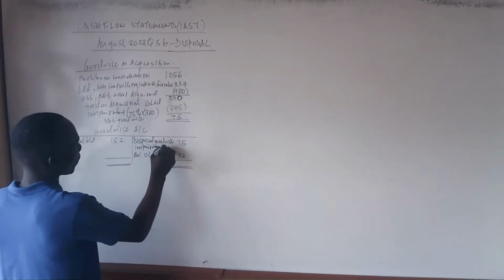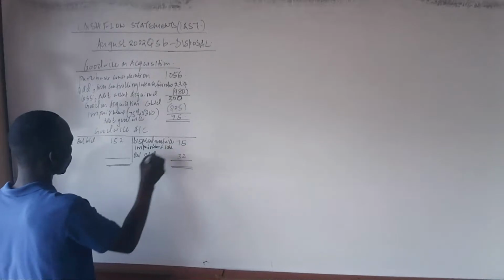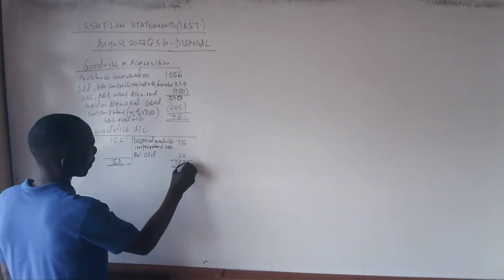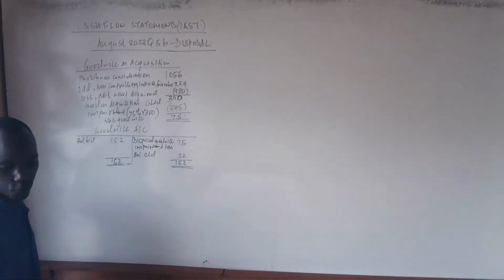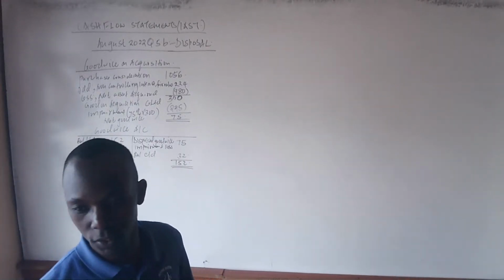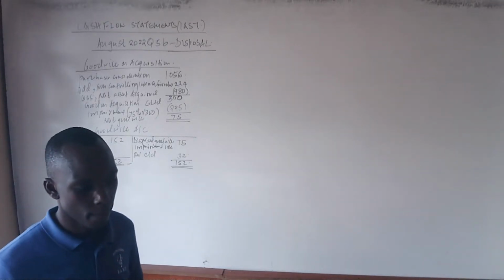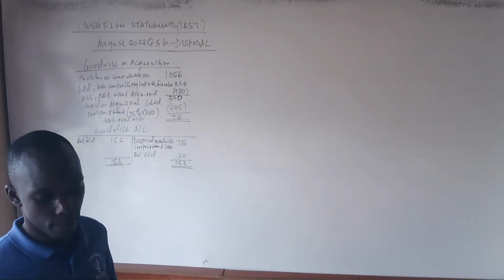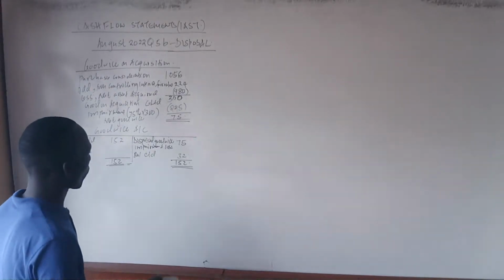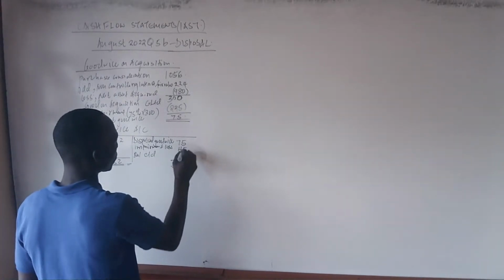Impairment of the goodwill, impairment loss. Here we have 152, and therefore the impairment in this case is 152 minus 75, which gives an amount of 45.